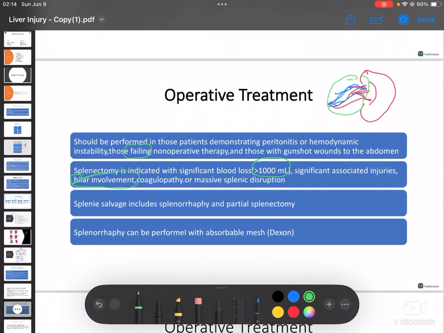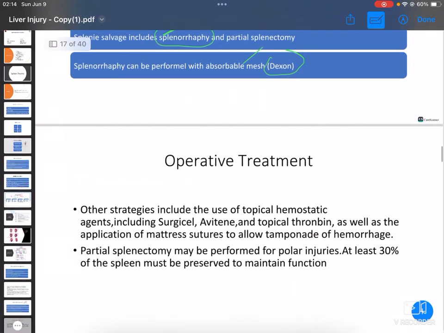Now splenic salvage includes splenorrhaphy and partial splenectomy. We also have to know that there is this splenic salvage surgery, that is splenorrhaphy. Splenorrhaphy can be performed with absorbable mesh, so we can also use mesh in case of splenorrhaphy.